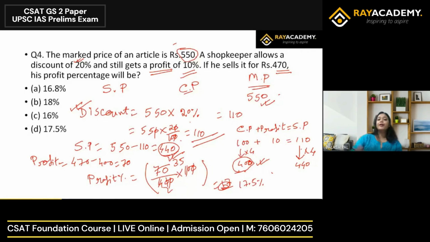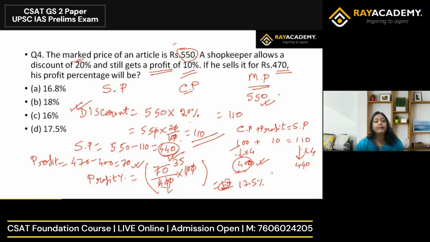So when next time the selling price is 470, what will be the profit percentage? First we find out the profit, then the profit percentage. Profit is obviously SP minus CP. SP is greater, so SP minus CP, the profit amount is 70.